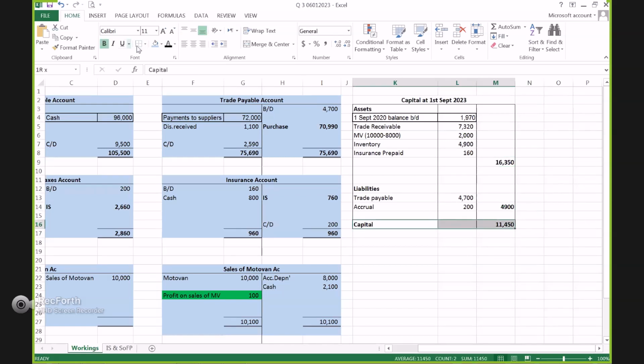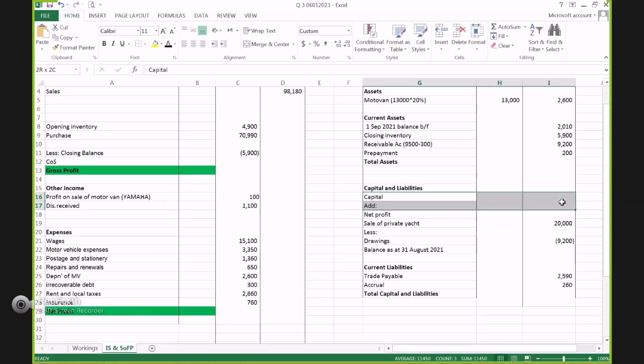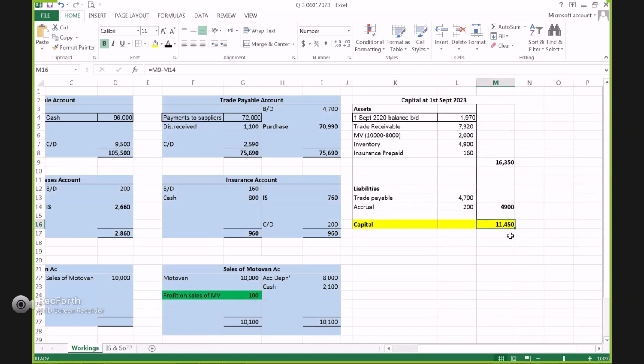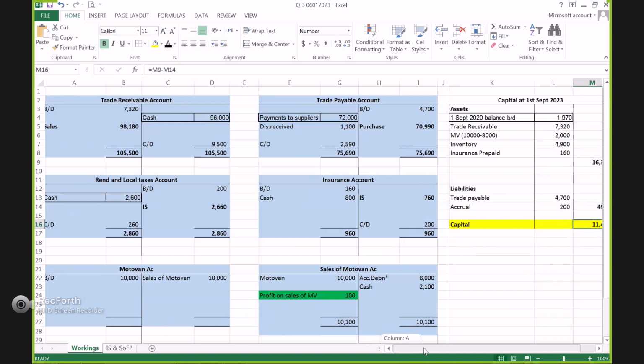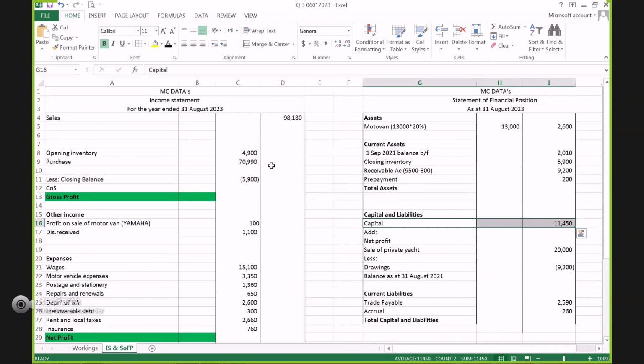Therefore, the opening capital is 11,450. This 11,450 is transferred to the statement of financial position at the end of the year as capital 11,450. Did you understand? Now we have to complete the ledgers and find out the capital. Now we have to move to the income statement and balance the income statement.